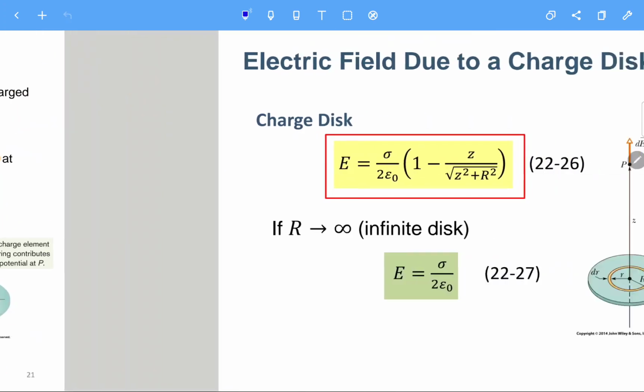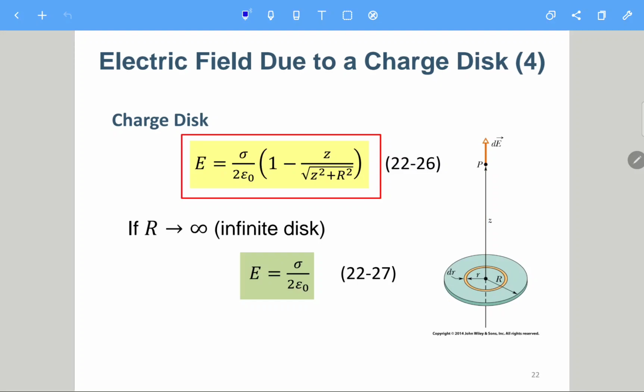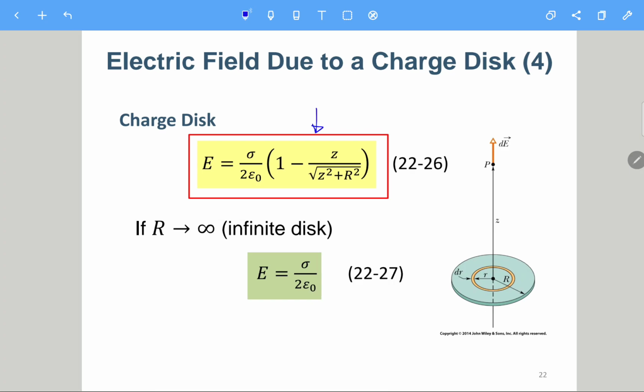If you still remember, in chapter 22 we calculated this E field using separation and integration for the E field.